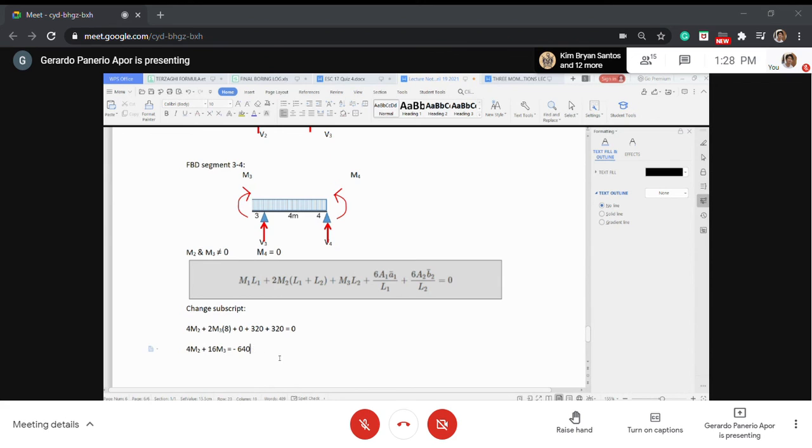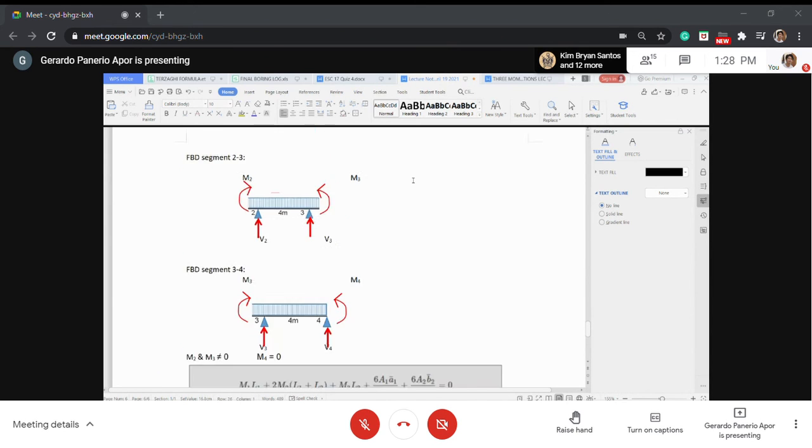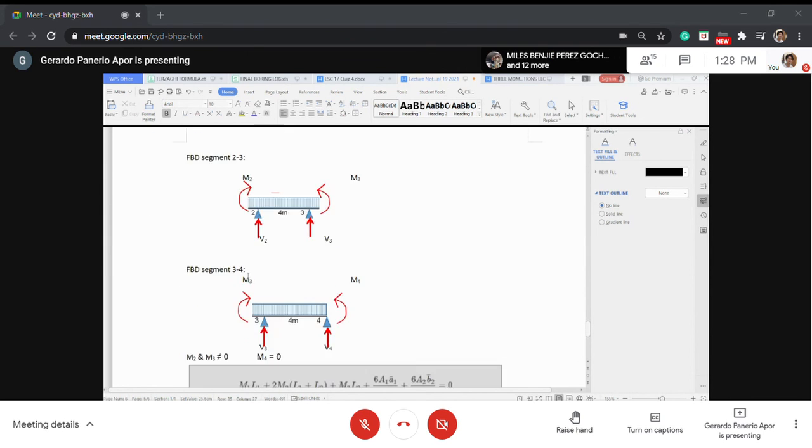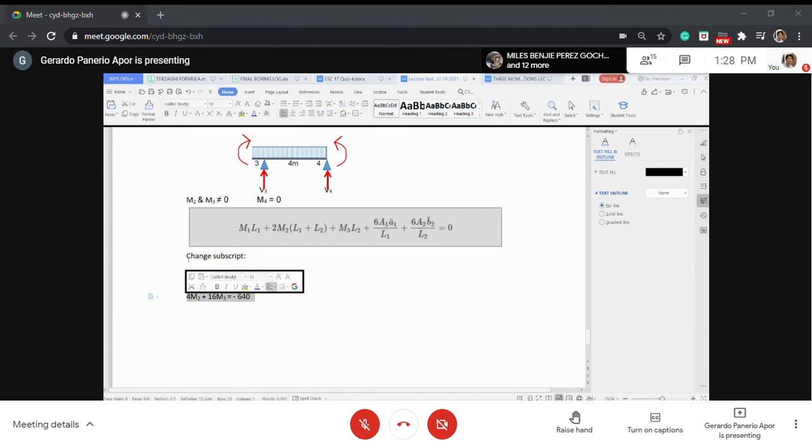So we have two equations actually. We call this equation 1. Then this one, we call equation 2. So in matrix form, if you are used to matrix, you will have an equation like this.